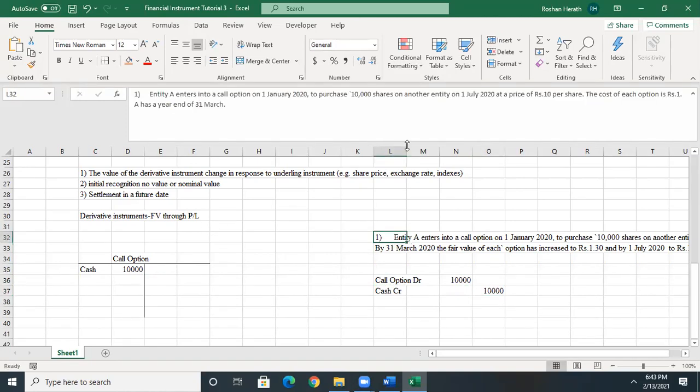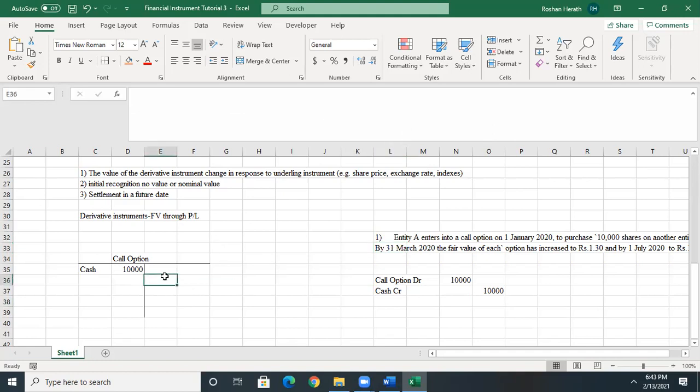Then the reporting date comes, that is 31st March. At that time, the fair value of this instrument was 1 rupee and 30 cents. So you take the remeasurement, the balance carried forward: 1.3 into 10,000, so 13,000. You can see 3,000 is a gain. We agree that a derivative instrument is generally fair value through profit or loss, hence take that gain to the P&L.